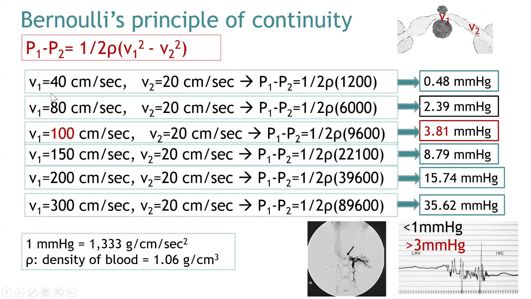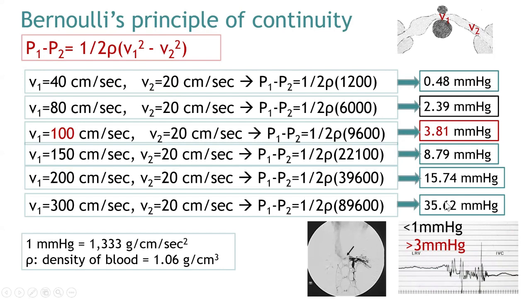If we use 80 centimeters per second, the pressure gradient is 2.39. 100 centimeters per second is a pressure gradient of 3.81. 150 is 8.79. 200 centimeters per second, 15. And 300 centimeters per second is around 35. So I think the theoretical pressure gradient of 3.81 at 100 centimeters per second is very important.